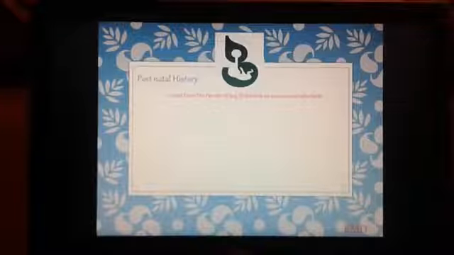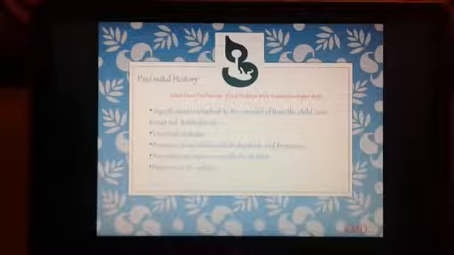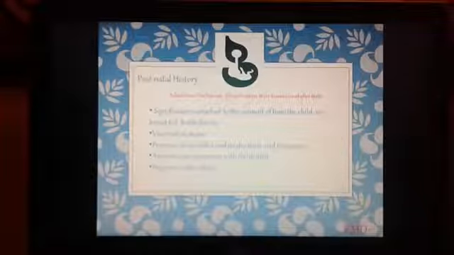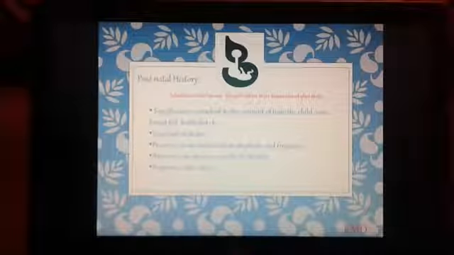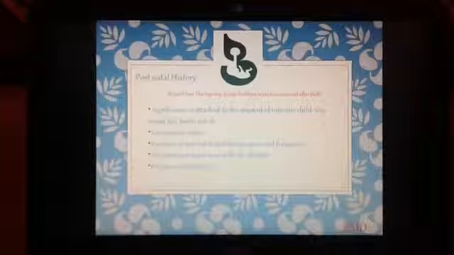For the postnatal history, it is also asked from the parents if any problems were encountered after birth. In this postnatal history, significance is attached to the amount of time the child was breastfed or bottle fed. The vaccination status is also needed, which is to be assessed along with the present illness, if any, and the presence of any habit and its duration and frequency.